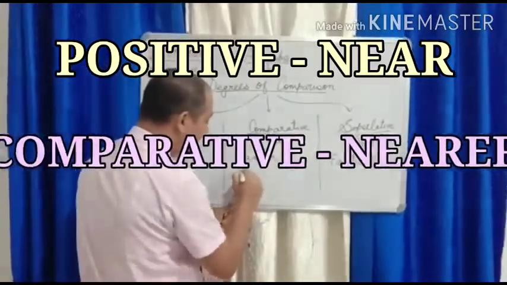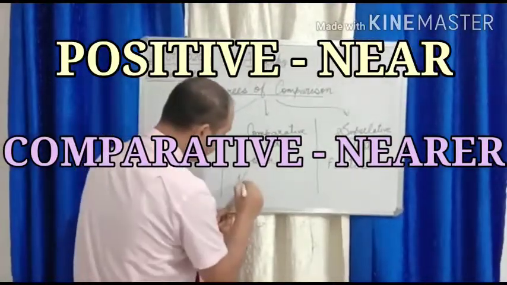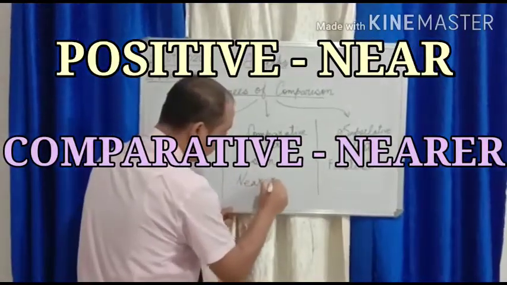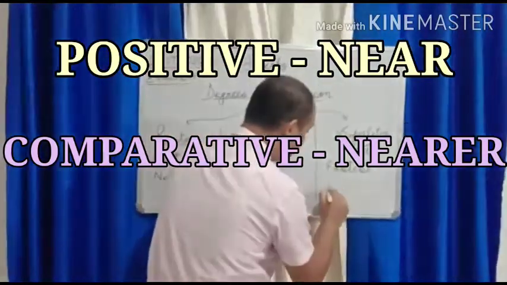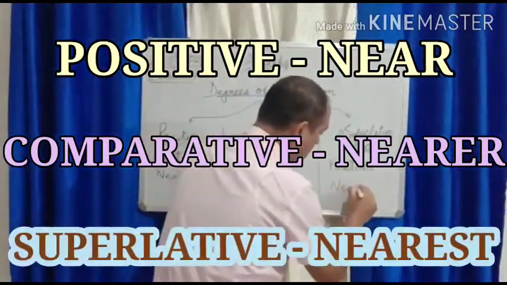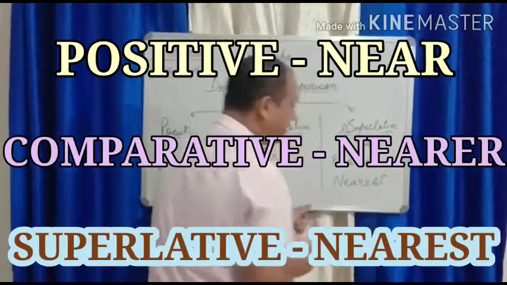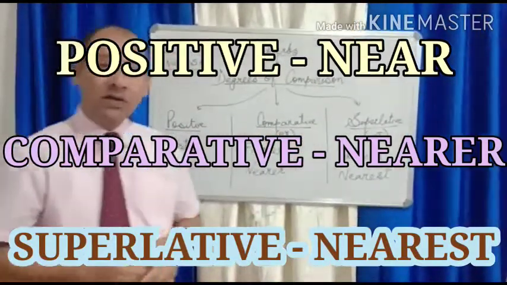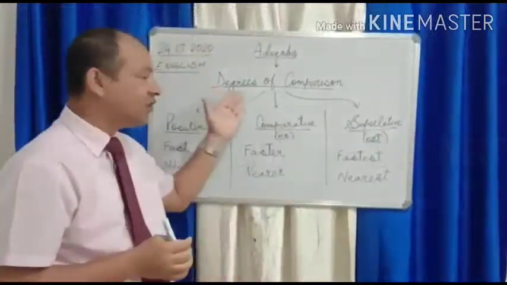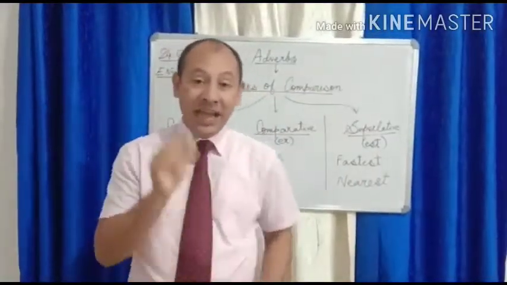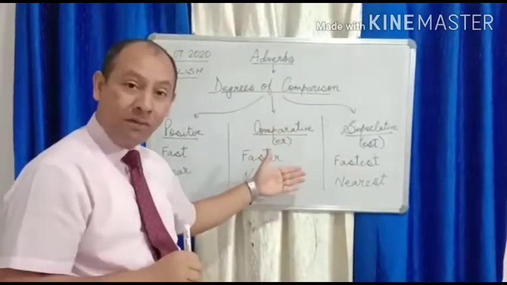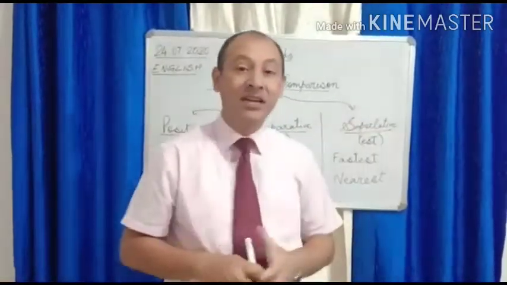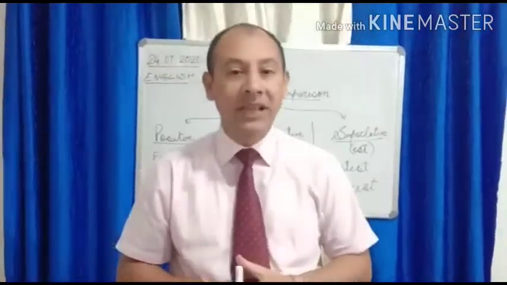It becomes nearer, and adding est becomes the nearest. So the degrees of comparison for adverbs can be formed by adding er for the comparative form and est to make it the superlative form of the adverbs.